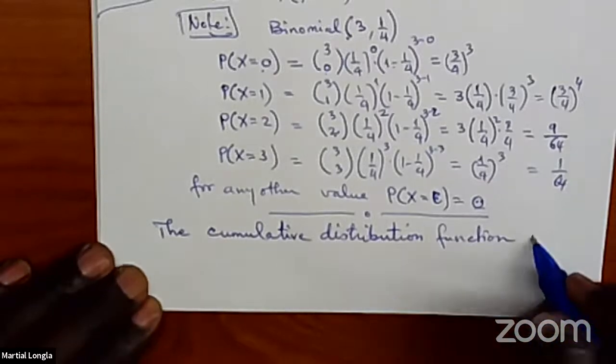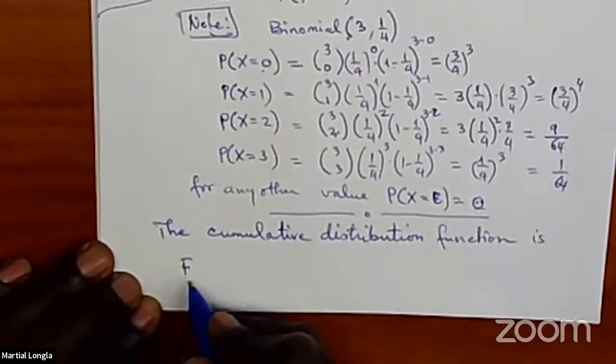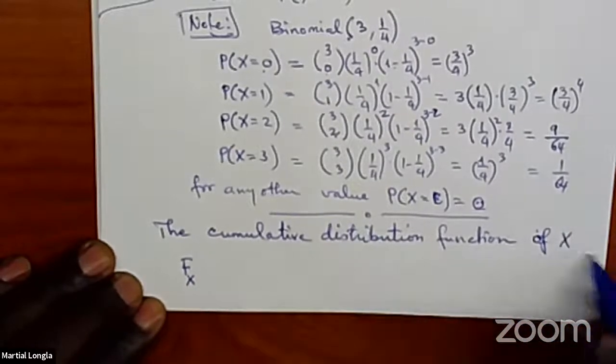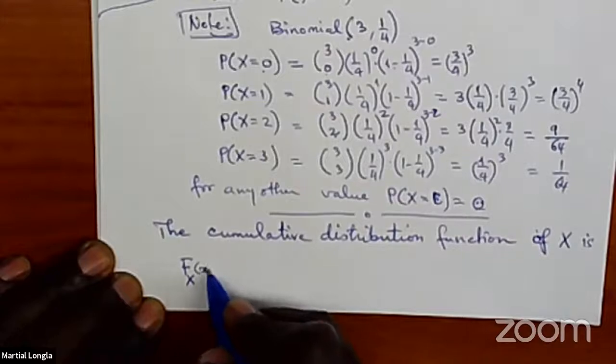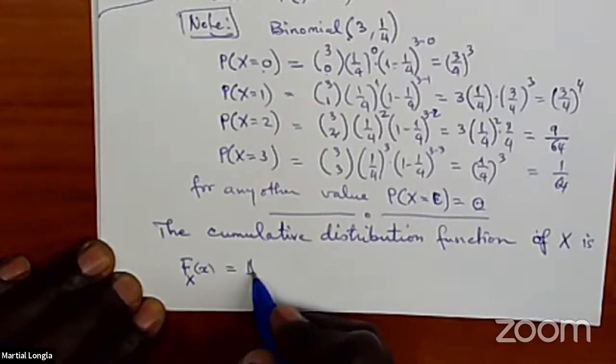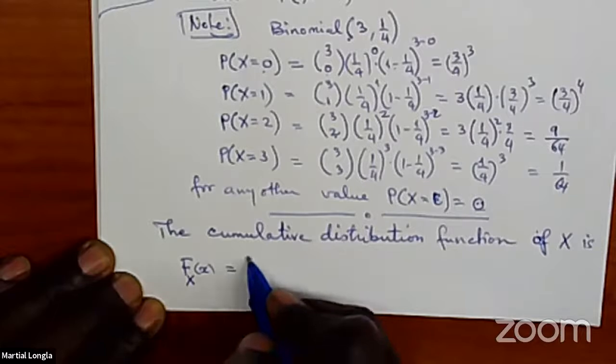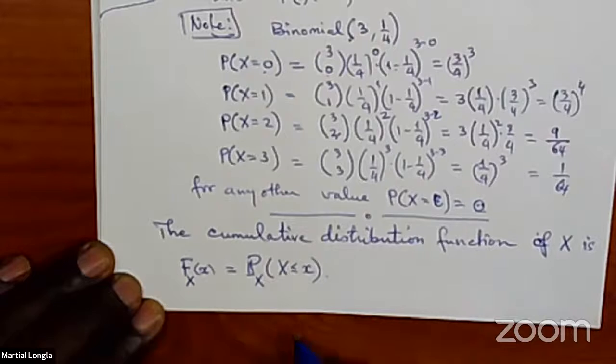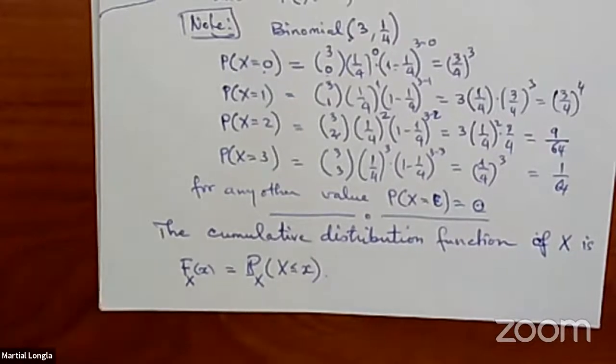Which is defined as F of little x, the distribution of X, equals probability that capital X is less than or equal to little x. And this definition does not depend on the type of random variable. Whether it is continuous or discrete, it doesn't matter. Any type of random variable works with that formula.